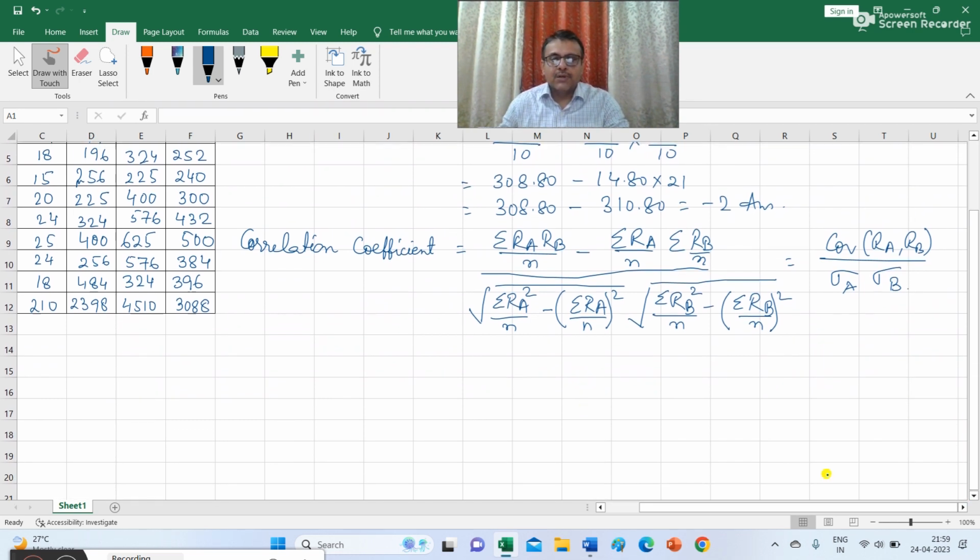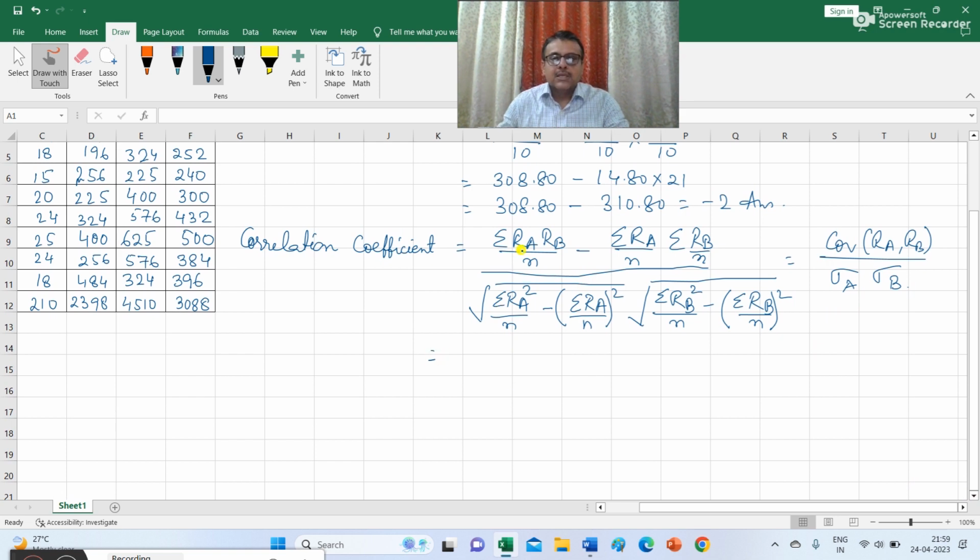Now you just put the values over here. In the numerator we have already calculated, that is minus 2, and in the denominator you put the values here. So sum total of RA square we have already calculated, 2398. So 2398 by 10 minus 148 by 10 whole square.